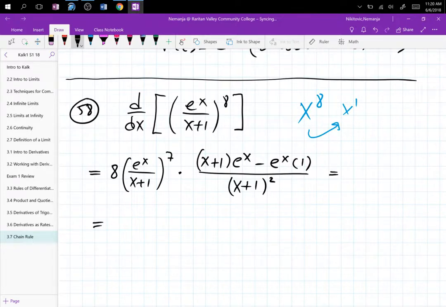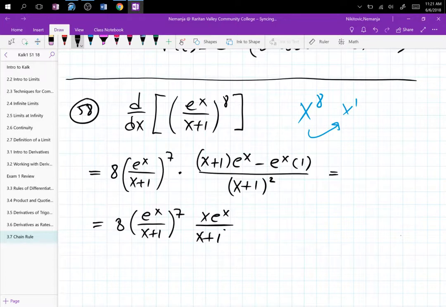Well, first over here is x e to the x plus e to the x minus e to the x, so they cancel. So what we have is 8 times (e to the x over x plus 1) to the 7, times x e to the x over (x plus 1) squared.